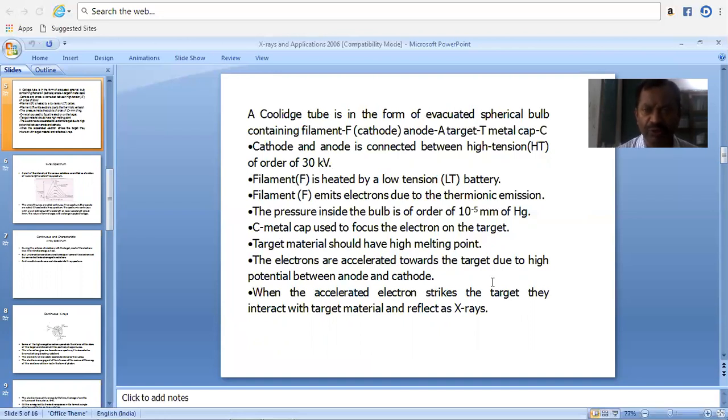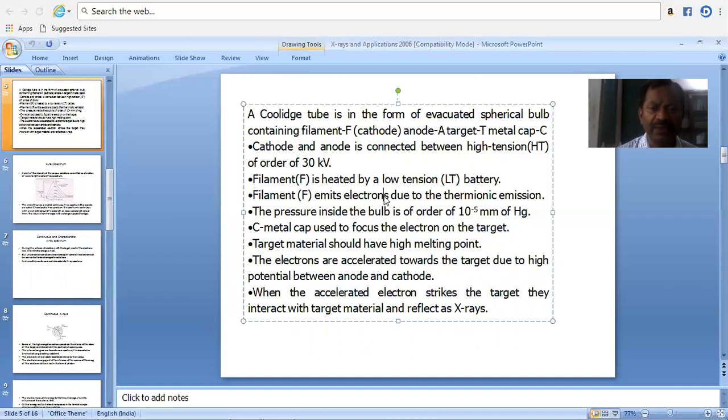Cathode and anode are connected to a high tension of the order of 30 kilovolts. Filament F is heated by a low tension battery. Filament F emits electrons due to thermionic emission. The pressure inside the bulb is of the order of 10 to the power minus 5 mm of mercury.